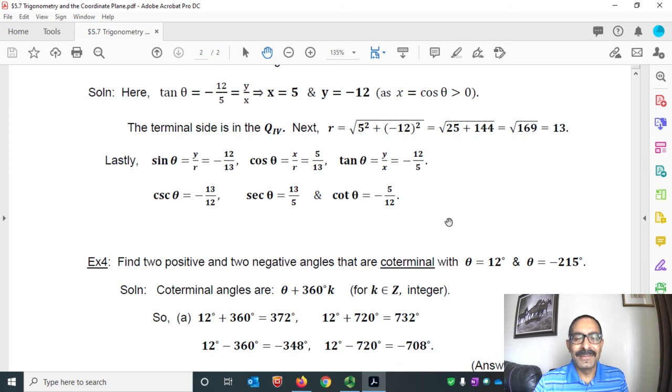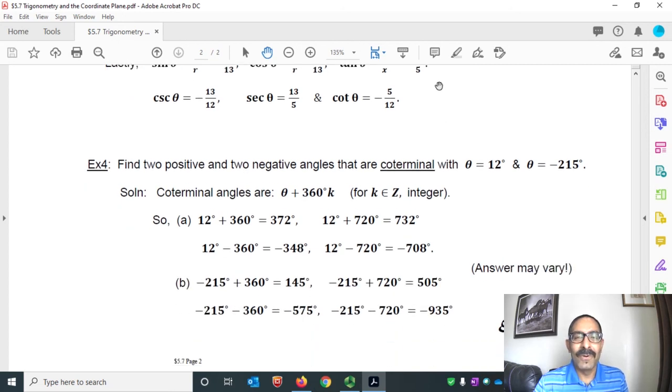Now let's move on. Example 4. Find two positive and two negative angles that are coterminal with 12 degrees and negative 215 degrees. Let's begin the solutions. The coterminal angles we define as theta plus 360 degrees times an integer k. This integer can be negative or positive.